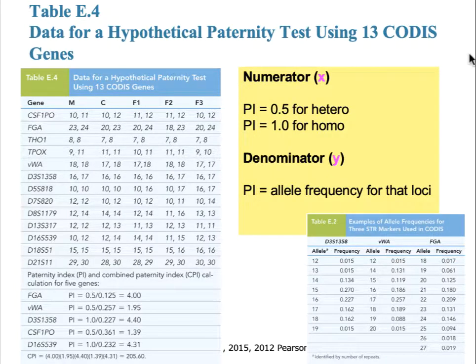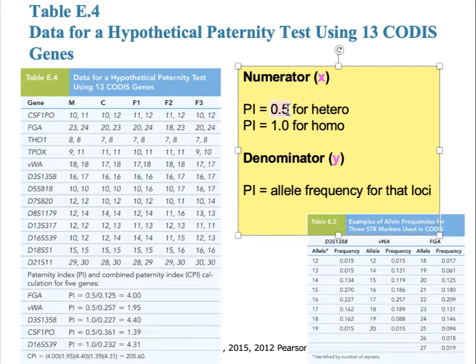The key is what value to use in the numerator. If the father for that locus, for that allele, is heterozygous, then we use a value of 0.5. If he is homozygous for that allele at that locus, then we use a value of 1.0. And then the value for the allele frequency for that locus is taken from these tables here, the same tables that we used earlier.